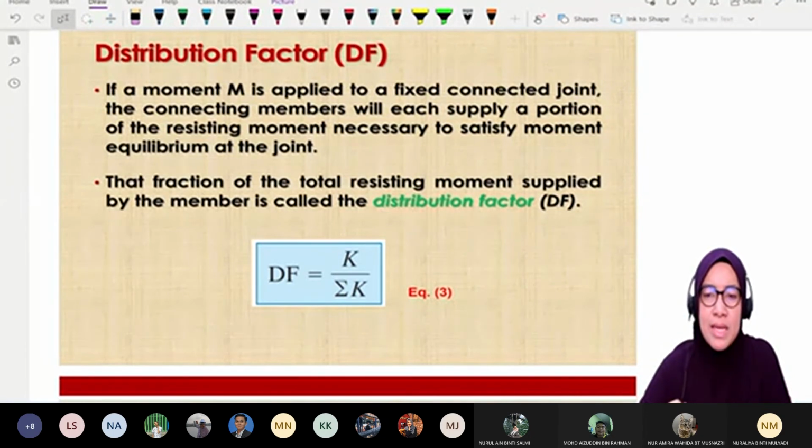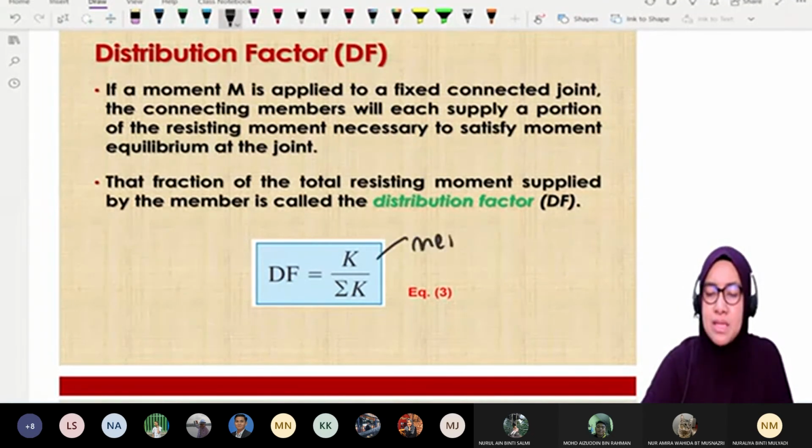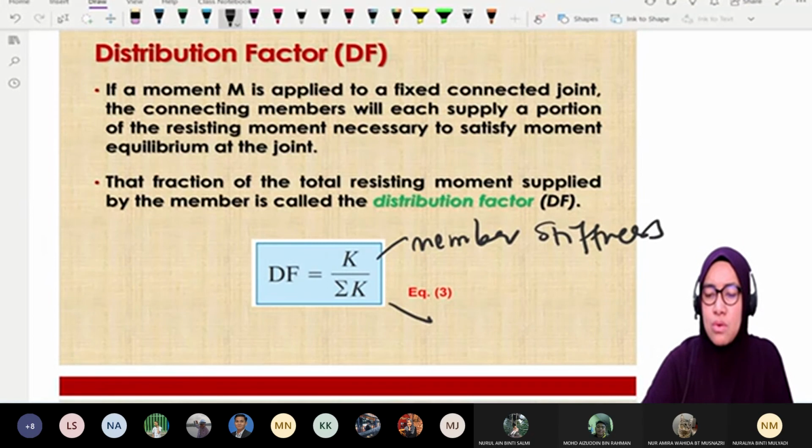This is the formula: K divided by total K. K is member stiffness. Total K means joint stiffness.